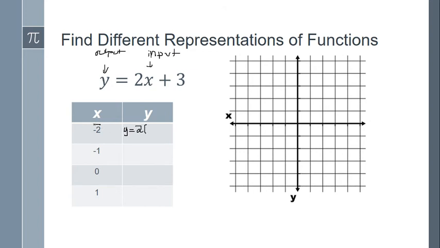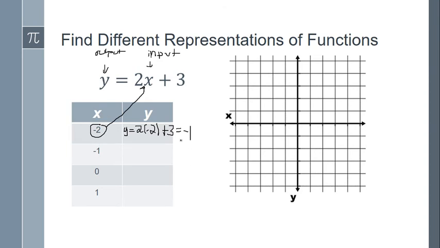See how I just took that -2 and replaced it for our input, because our input we're going to let be -2. And then add 3. So I'm going to work this out, and we're going to get our answer here. So 2 times the -2 is -4, plus 3 is -1.